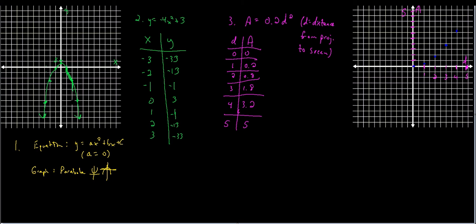And at 5, we are at 5. And then we simply connect the dots with a smooth curve.